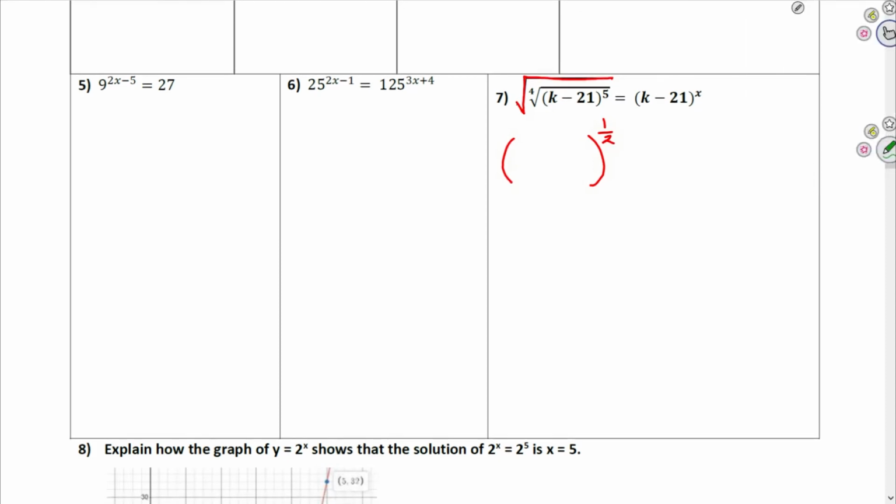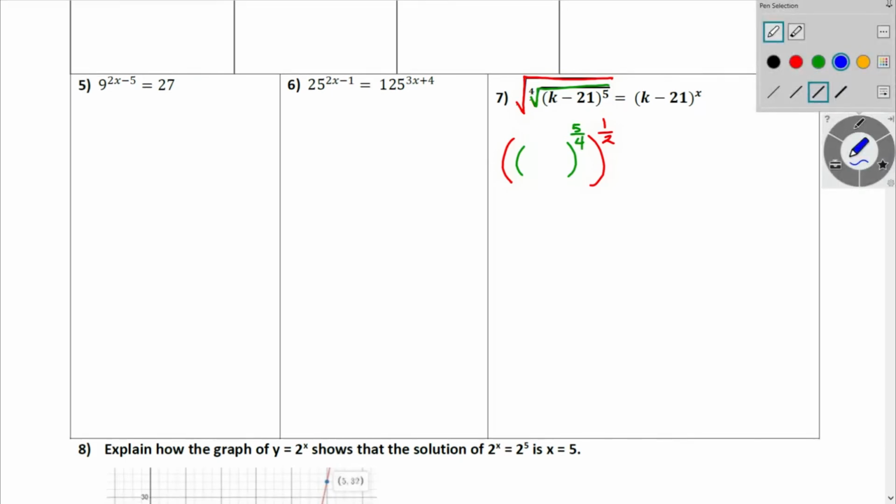And then in here I have the fourth root, this green one. I have the fourth root, but I have it being raised to the fifth power. And so I'm going to think about that piece with a fractional exponent of power over root, the 5/4 power. So I have k minus 21 to the 5/4 power, all to the 1/2 power.